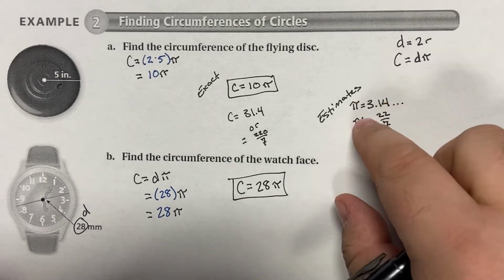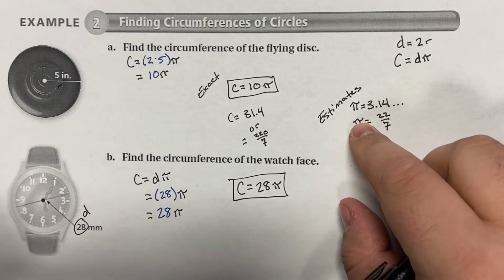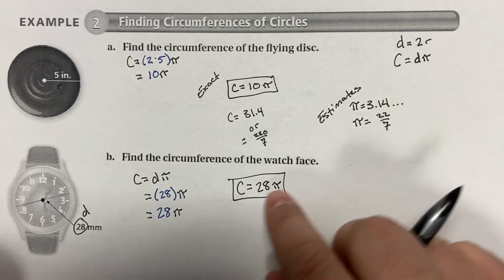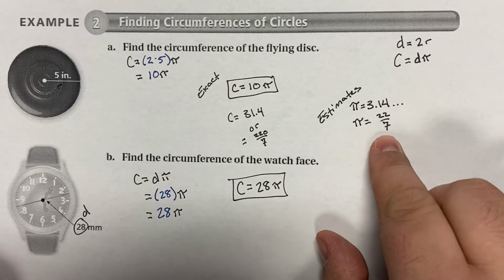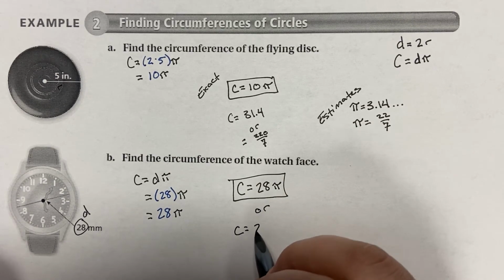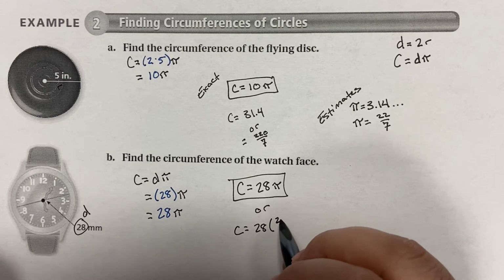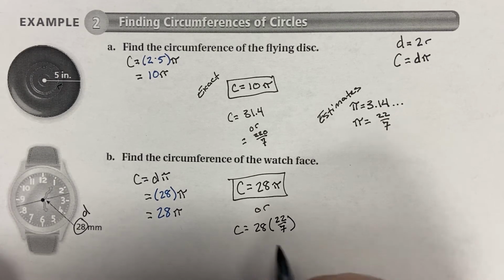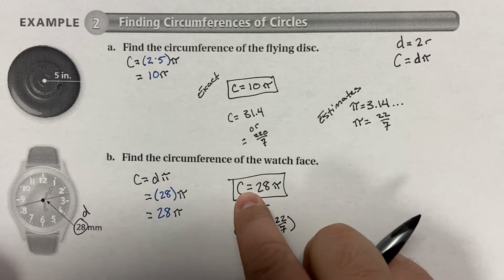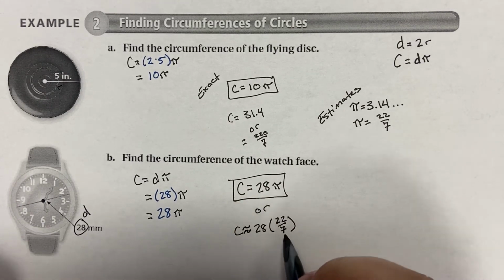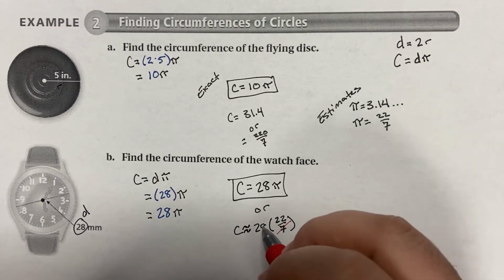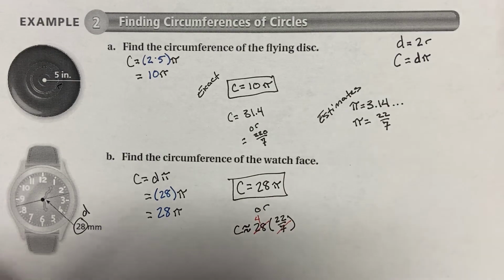However, you do need to also understand that you can put both of these in, and you can take 28 times 3.14 and get an answer. Or in this case, 28 is a multiple of 7, so I could also say C is equal to 28 times 22 over 7. Now, I need to change that sign from equal to about. And then when I do that, the 7 here cancels out and only leaves 4 groups left.